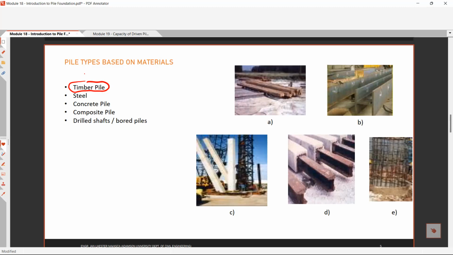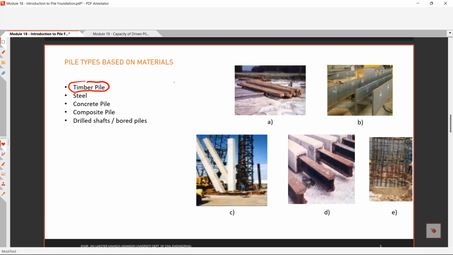Okay. So anong problem nitong timber piles? Okay. Kasi kung timber piles ang gagamitin mo at hindi mo siya na-treat, kahit ma-treat mo yan, masisira pa rin siya because any timber kapag resting on the natural ground is masisira, 'di ba? Masisira 'yon.